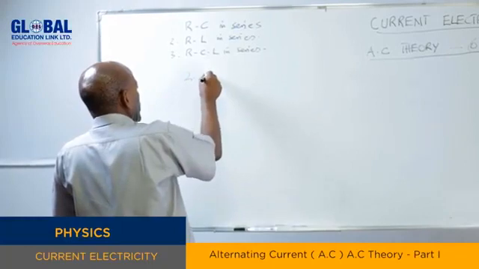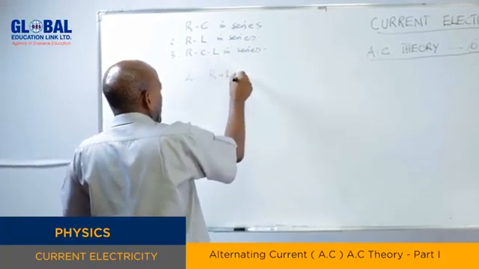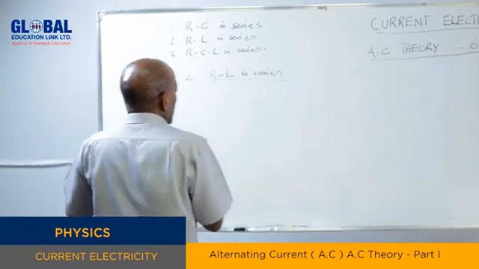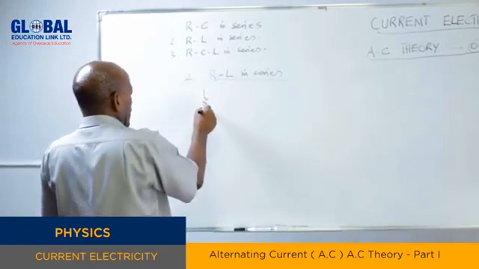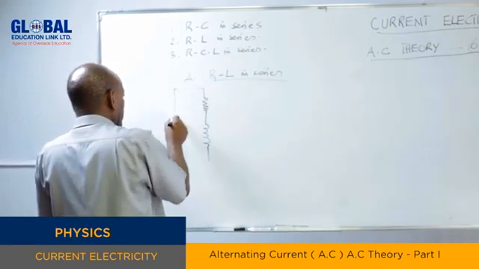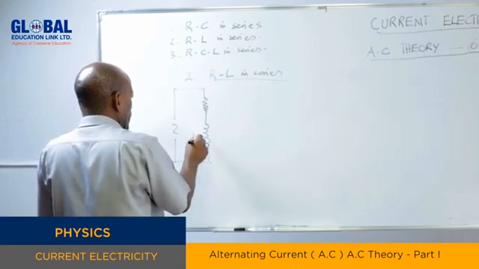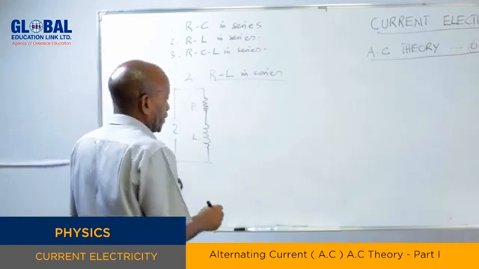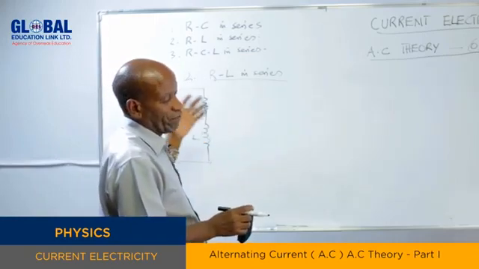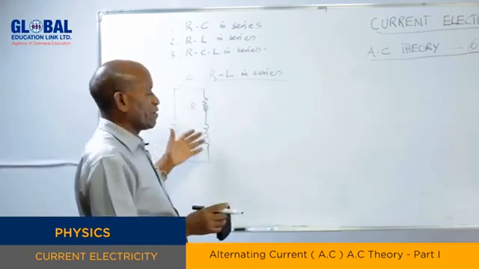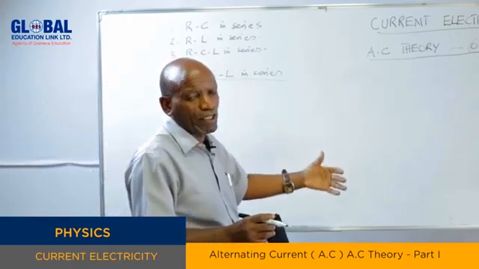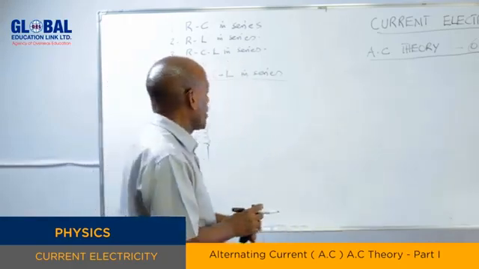Whenever we're talking about a resistor and an inductor in series, here we have a resistor and an inductor connected in series across an AC source. This is the inductor, this is a resistor. We all know that the current through a resistor and the voltage are in phase, but the voltage through an inductor leads the current by pi over 2, that is a quarter of a cycle.